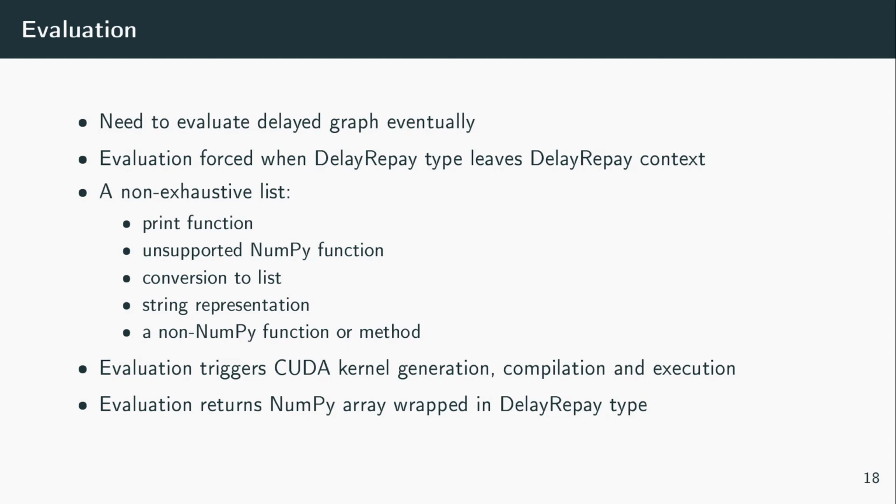This covers nearly all the cases we've seen. Evaluation, of course, triggers CUDA kernel generation, compilation, and execution. Evaluation will return a NumPy array wrapped in DelayRepay type, allowing the cycle to begin again.